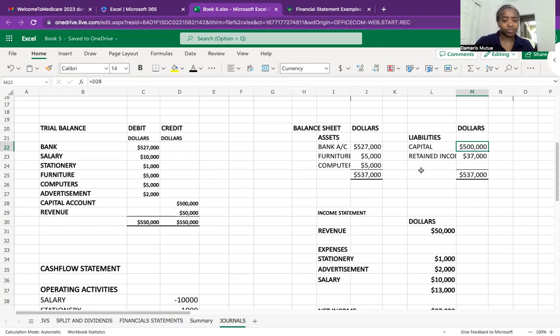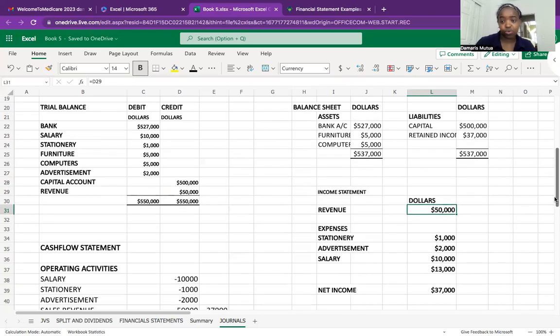Then now we have our revenue. Revenue goes to the income statement. So we have our revenue in the income statement. We have our expenses. Then from there, we are able to know our net income. Our net income is 37,000, and that will go to the balance sheet as the retained earnings.